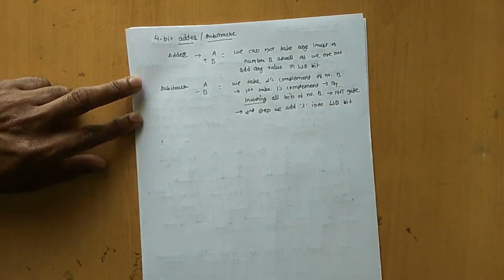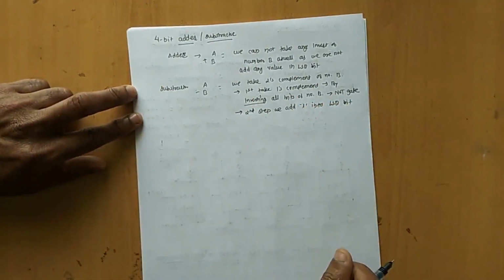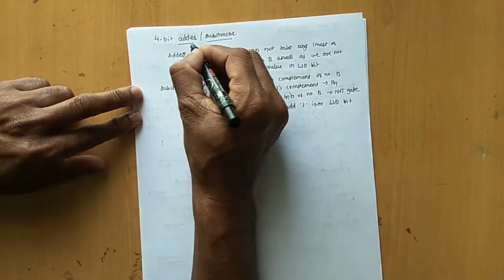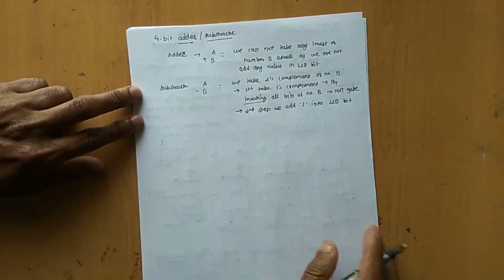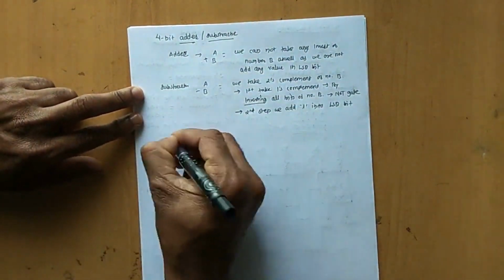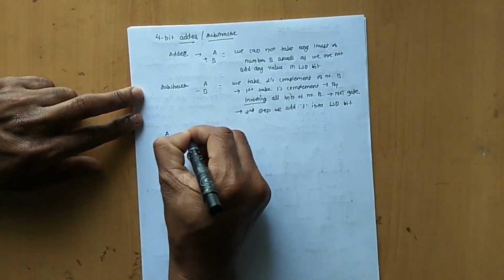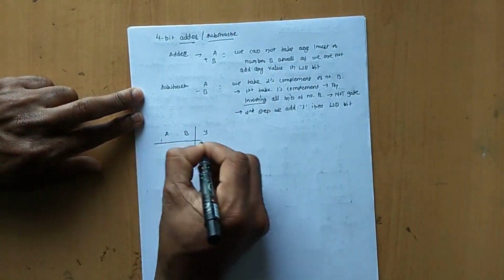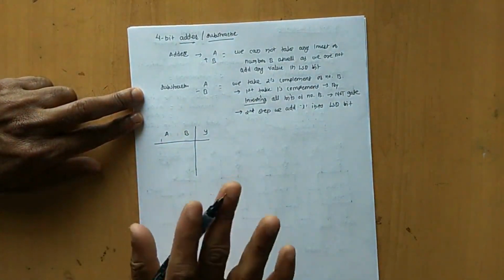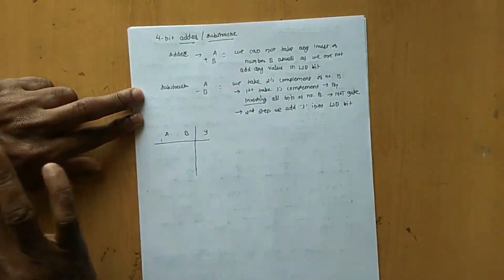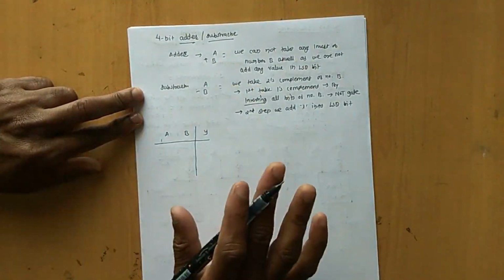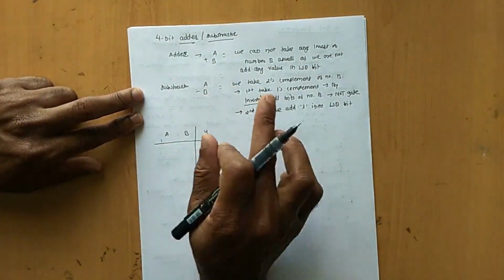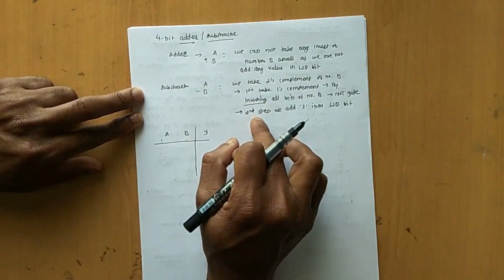This is concerned with the adder as well as the subtractor, but in the same circuit we have to apply both. For that, just remember the exclusive OR gate, where A and B are the inputs and Y is the output. That is the truth table of the exclusive OR. Read carefully: for number B in the adder, no bits are inverted, and in the subtractor, all bits of number B are inverted, and we have to add 1 into the LSB.